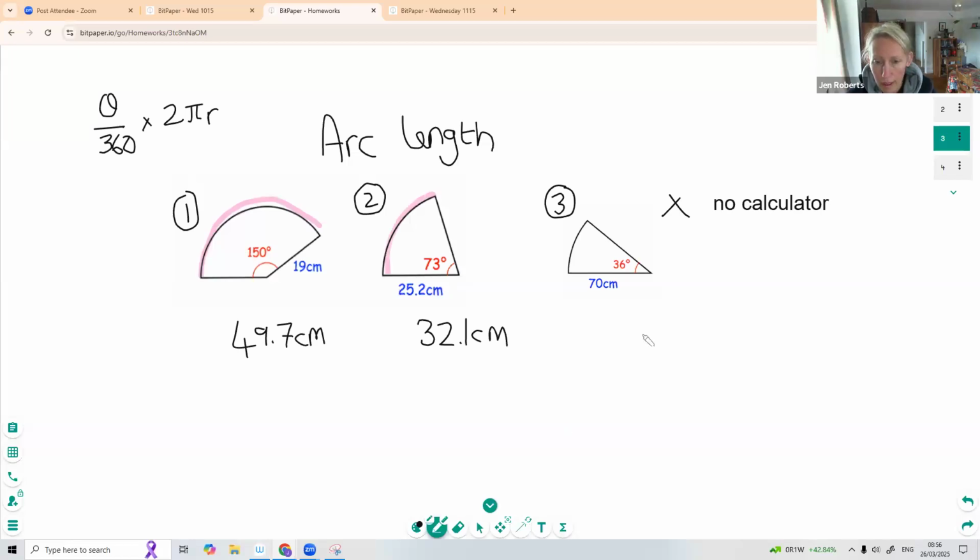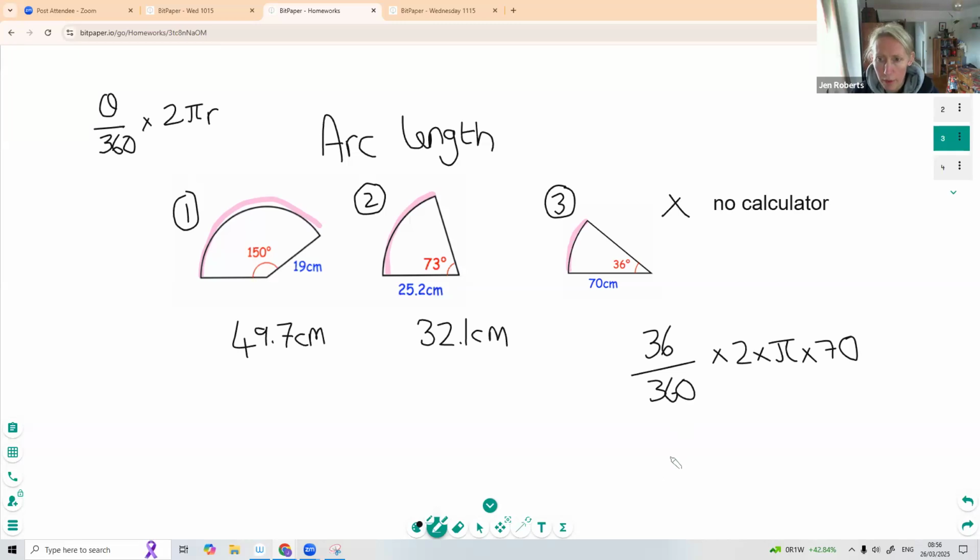This is without a calculator. We're going to find our arc length. So simplify your fraction first. Highest common factor is 36.